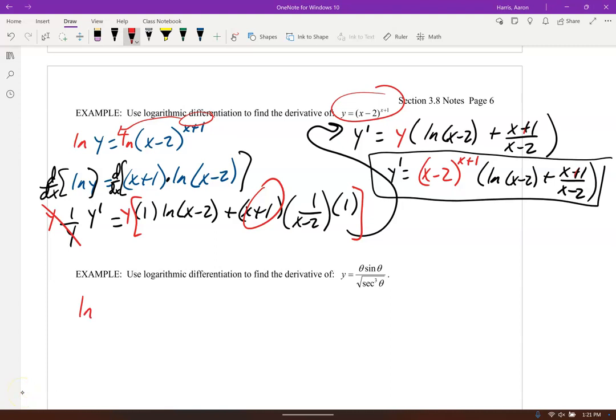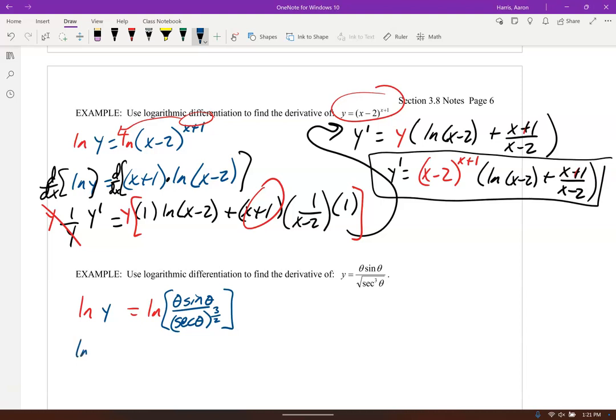Let's go take the natural log of both sides here. I'm going to write this as secant to the third theta to the 1/2. So let me just write that as secant theta to the 3/2, right? Square root is to the 1/2. So we have the natural log of that, right? And then I'm going to go ahead and keep rewriting that with my properties.